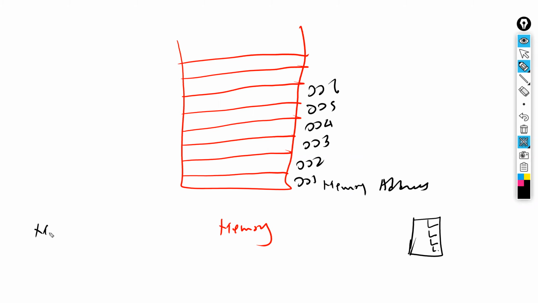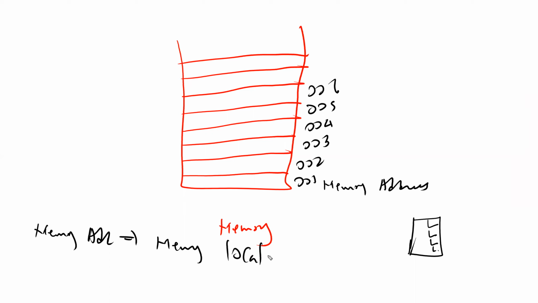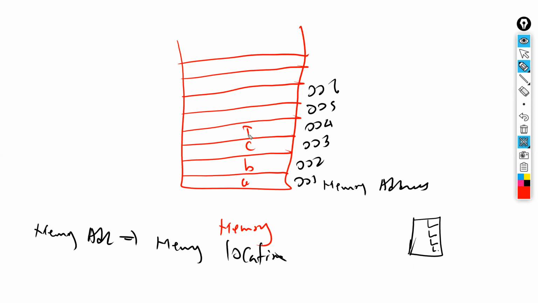Memory address equals memory location. Here we have A, B, C, D, E, F. We can put the value here.